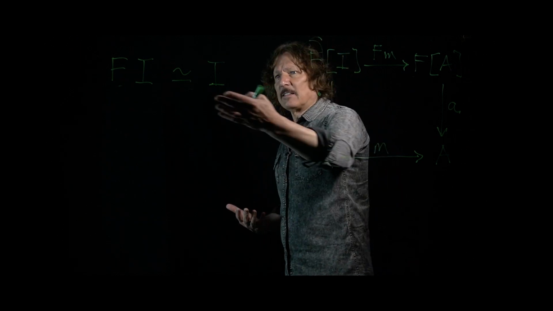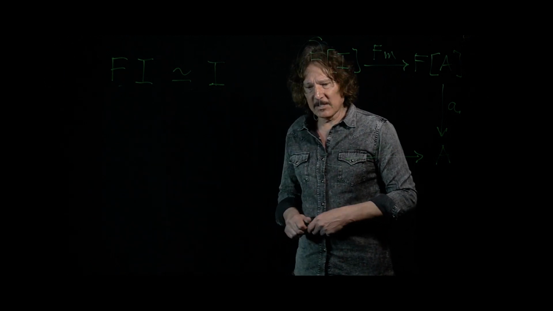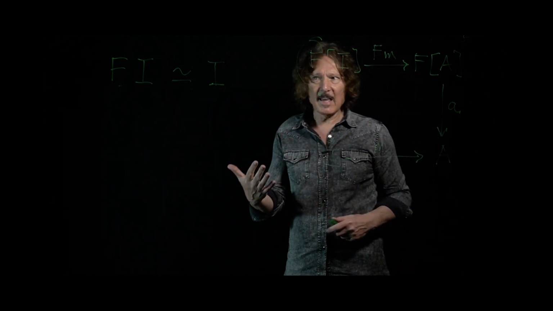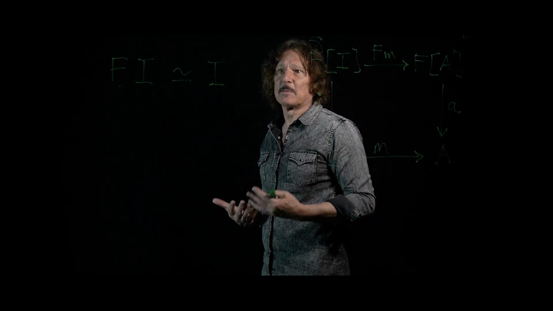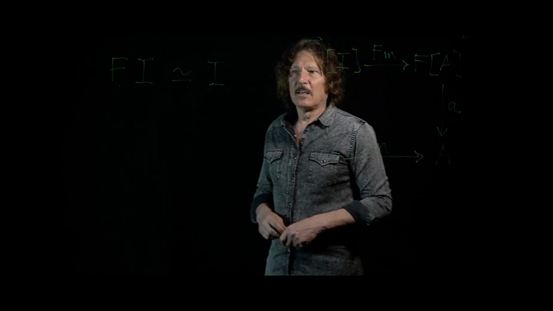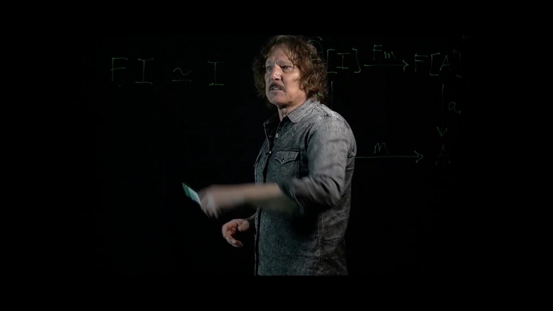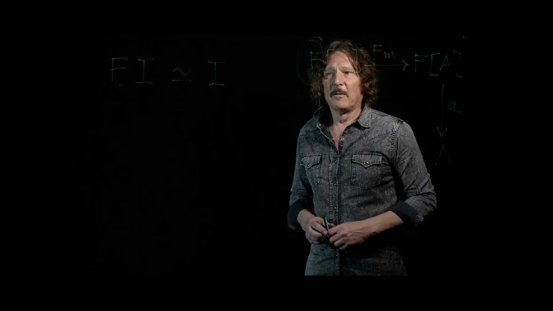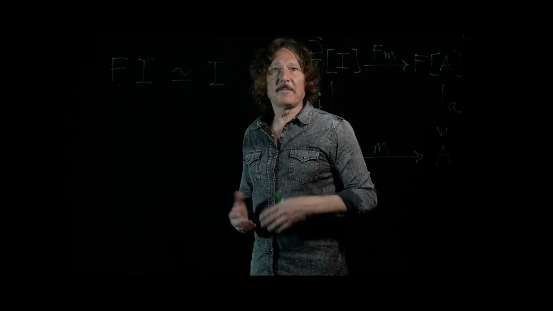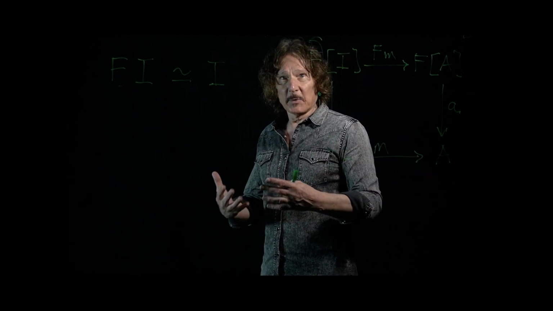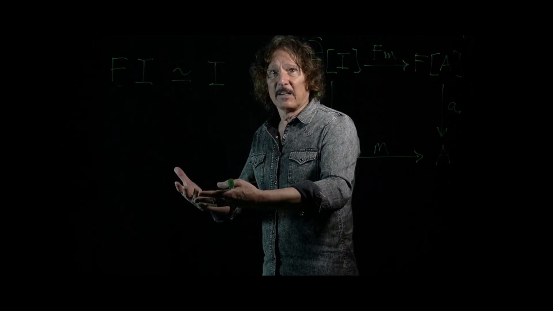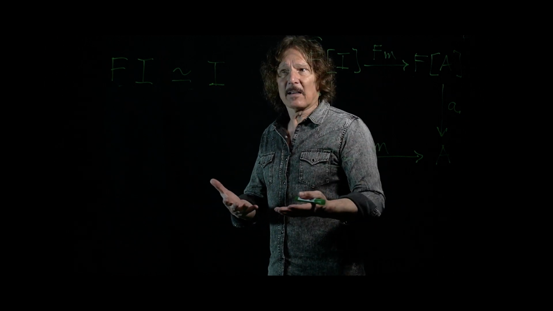And this equation has a name. It's called a fixed point equation. It means that I is a fixed point of the functor f. What does that mean? A fixed point is something that when you act with a functor on it, you get the same thing back.